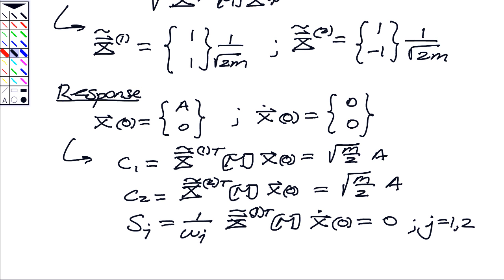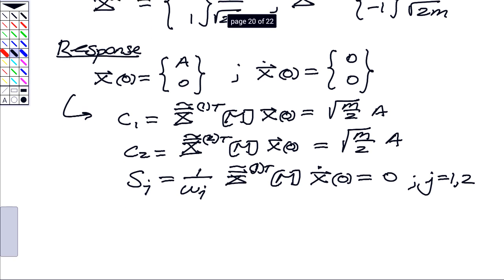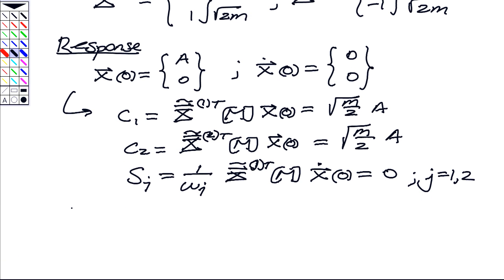So again, everything that we have up to this point is exact. No approximations have been made to tell us that this coupling is soft between the two. But here's where we begin that.